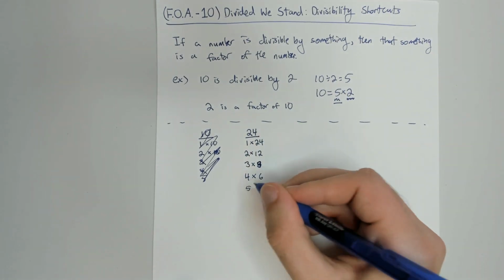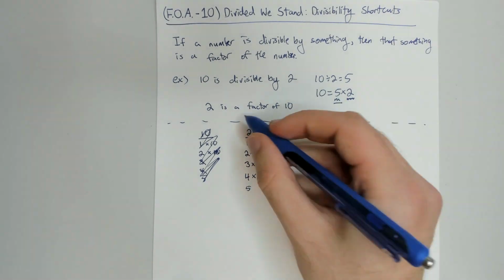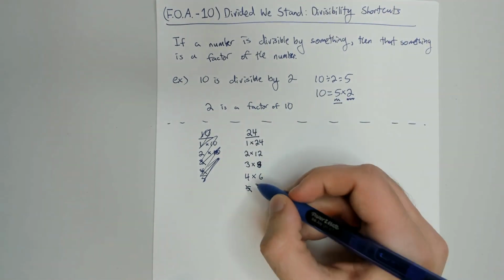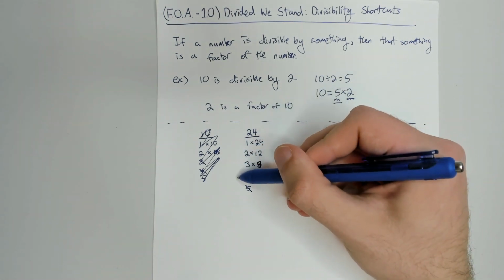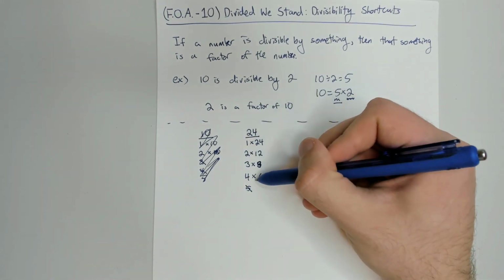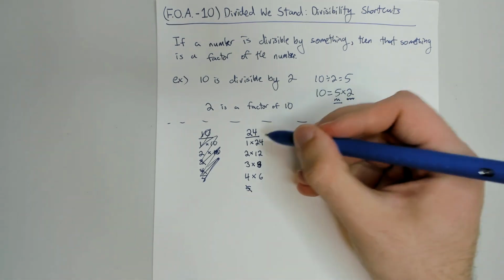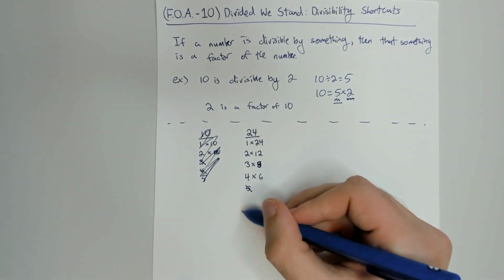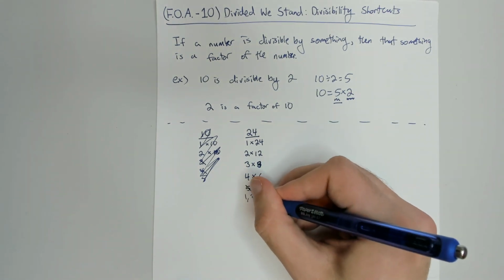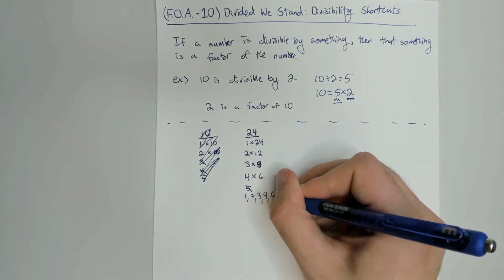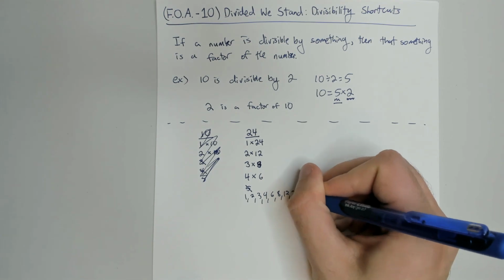And 5 does not work since if we count by 5s, we'll pass 24. Then we'll get to 6 again. But if you remember from last time, these factors are going in ascending order and these are going in descending order, so we'd just be repeating these factors if we continue. So we have all the factors here: 1, 2, 3, 4, 6, 8, 12, 24.